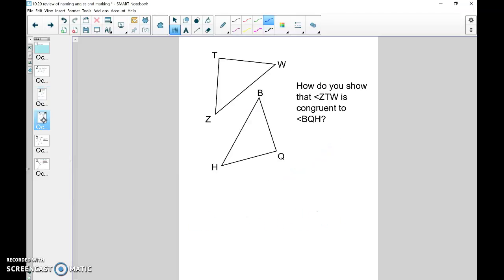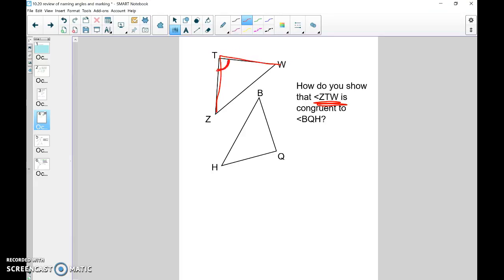All right, so now how do we actually show it in the picture? So we're doing the opposite now. This is where we start drawing in those little arches that were drawn in the previous examples. Angle ZTW, what letter's in the middle of that? T is, which means it's going to be at point T. So if I trace ZTW, it's really the angle that's at T, which is right here.